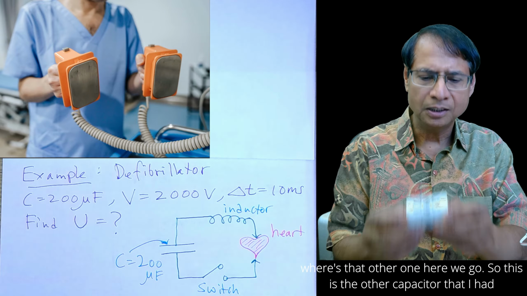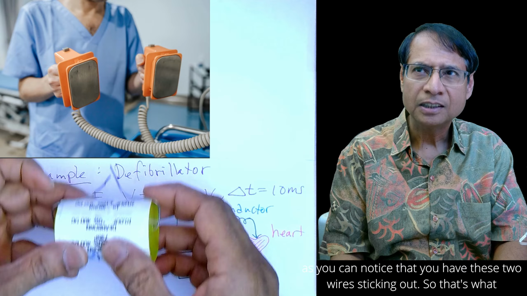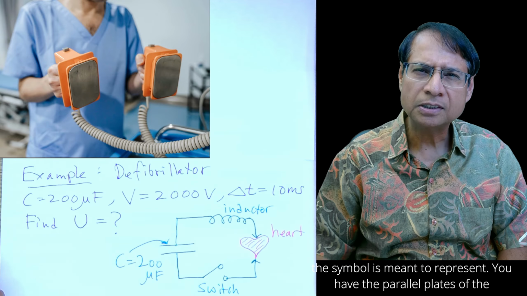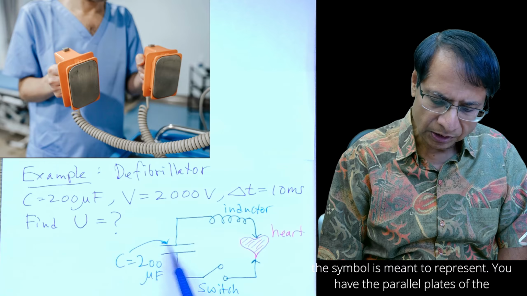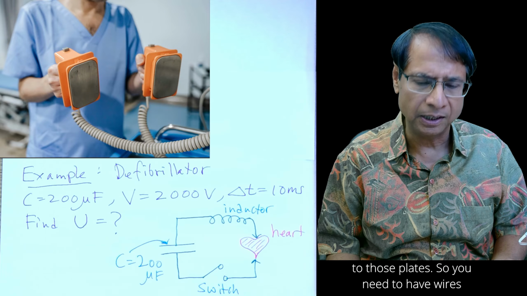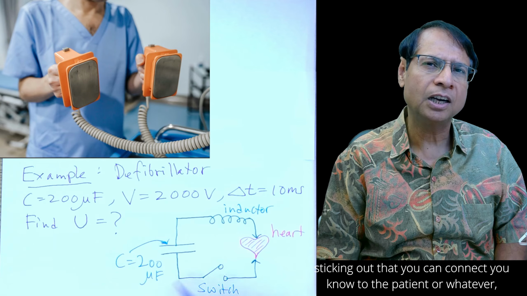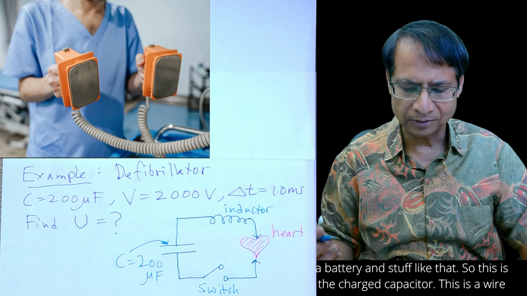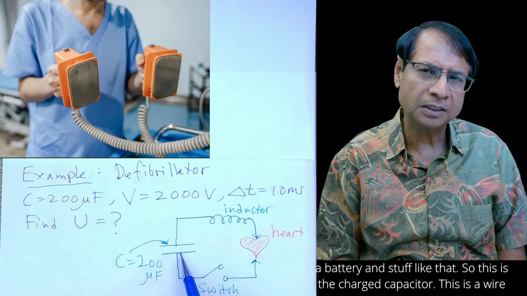So this is the other capacitor that I had. As you can notice, you have these two wires sticking out. So that's what this symbol is meant to represent. You have the parallel plates of the capacitor, and you need to connect to those plates. So you need to have wires sticking out that you can connect to the patient or whatever, a battery and stuff like that. So this is the charged capacitor.